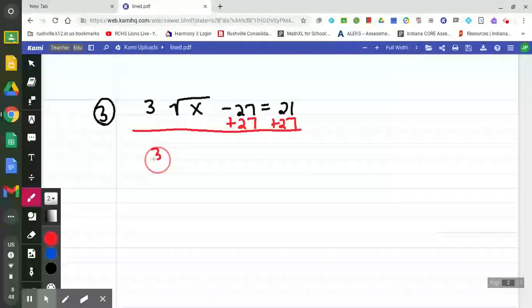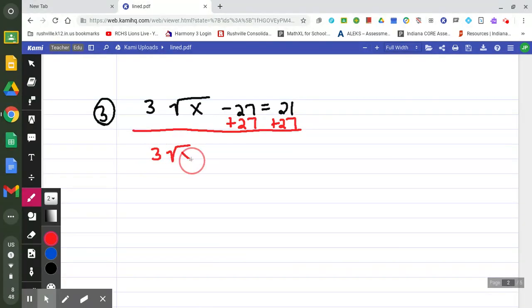So I'll have 3 times the square root of x, equals, and then 21 plus 27 gives me 48. And then just like if this were a variable, divide by 3.